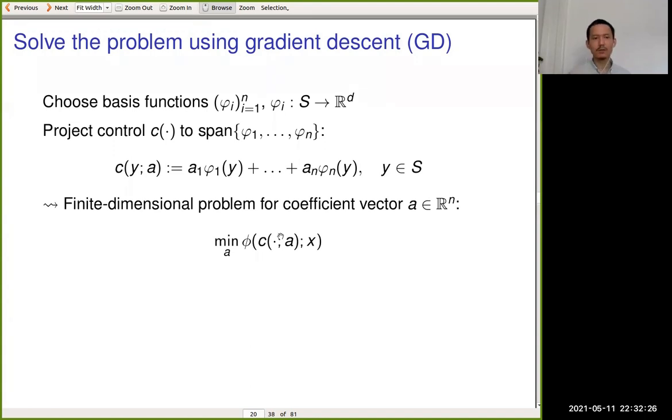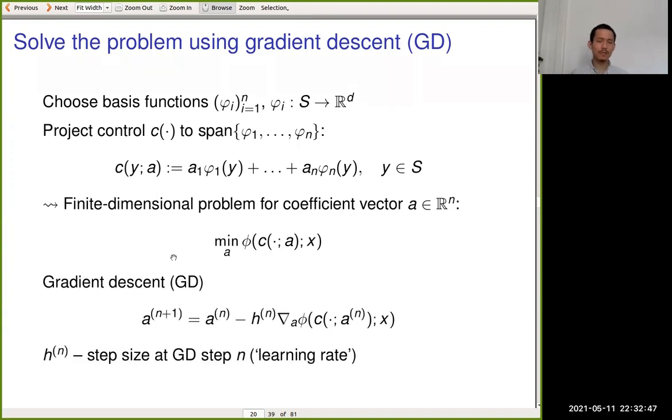So what have we done? As mentioned, now we have a finite dimensional problem for a coefficient vector A. So this is our expansion coefficients with respect to this basis. And now instead of trying to find the optimal control c in a class of admissible controls, we just want to find the best expansion vector A given this basis. And how do we do this? As mentioned, we use gradient descent, or GD. We say that the iterate at discrete time n+1 of the coefficient vector is the coefficient vector at discrete time n minus some learning rate h_n times the gradient with respect to A of this function.